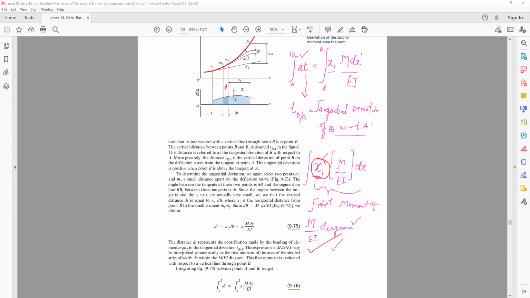So this tangential deviation is equal to the first moment of the area of the M by EI diagram about the same axis. Okay, so this is very important. With this concept in mind, we will go for the derivation of Clapeyron's three-moment equation.